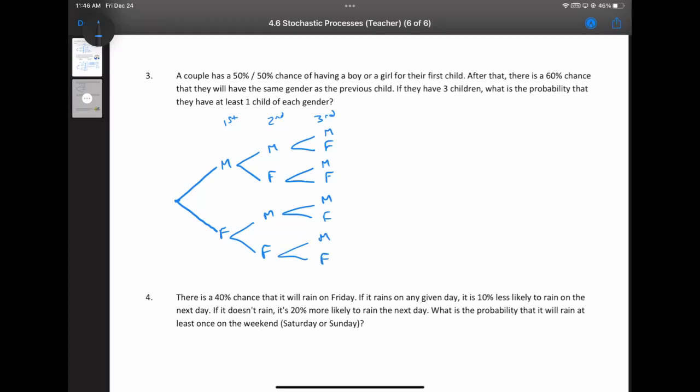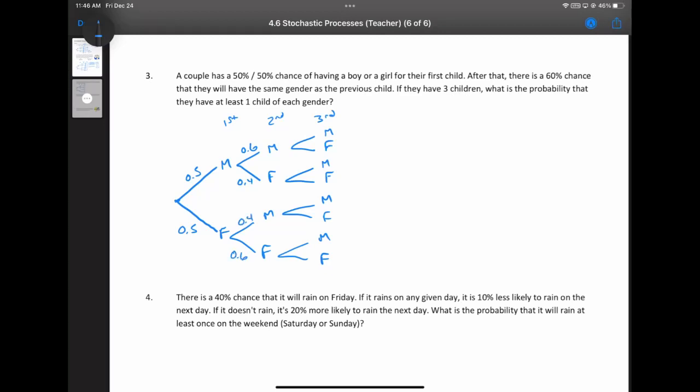And so we only need to calculate basically how many outcomes were what we wanted, how many outcomes were their total, and just do simple probability. In this one, we're going to do 50-50 for the first child. However, for the second child, it's going to be a 60% chance to be the same as the first. So male would be 60% male, 40% female, and female would be 60% female, 40% male.